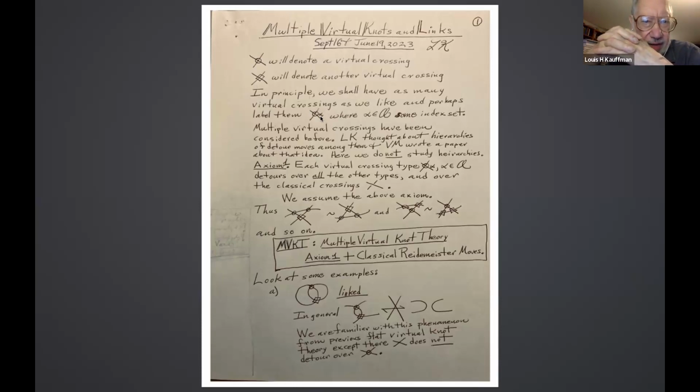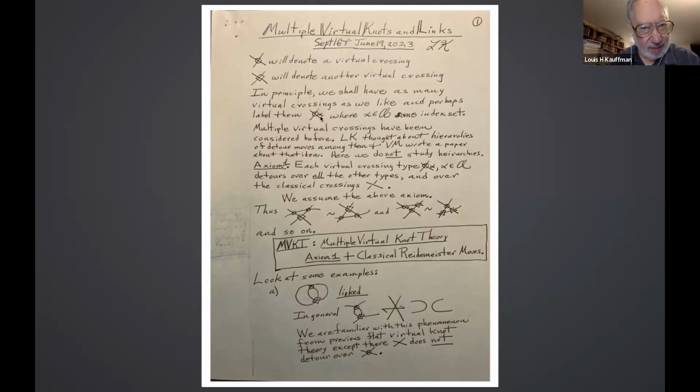we have thought about different variants of virtual knot theory before. For example, earlier we have thought about hierarchies of virtual crossings, where you might have virtual crossings of type 1, type 2, type 3, type 4, and higher orders can detour over lower orders, but not the other way around.